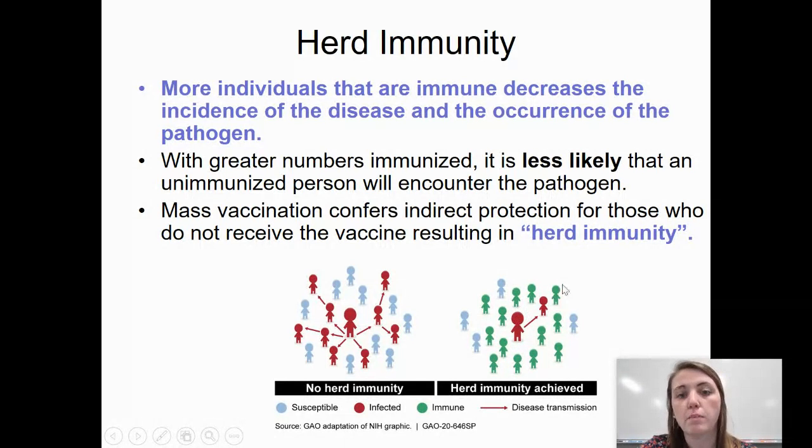It's easier to stop the pathogen in that case, which is why we talk about vaccinations protecting the people that are immunosuppressed as well. Like maybe these people in blue are immunosuppressed or have some sort of allergic reaction to vaccines. These people are the herd that protect the blue people from getting the pathogen, whatever it is.